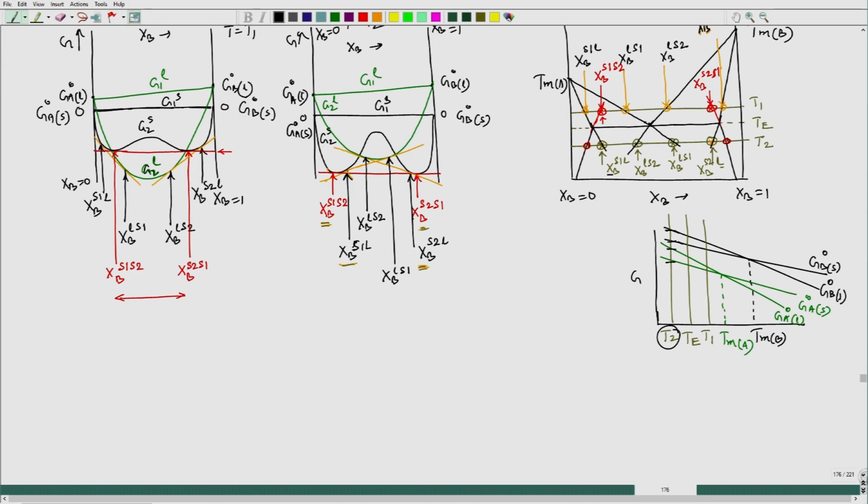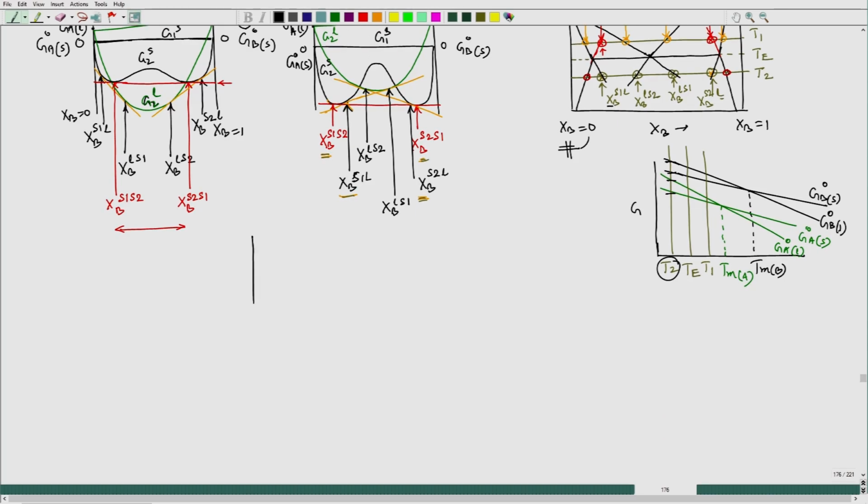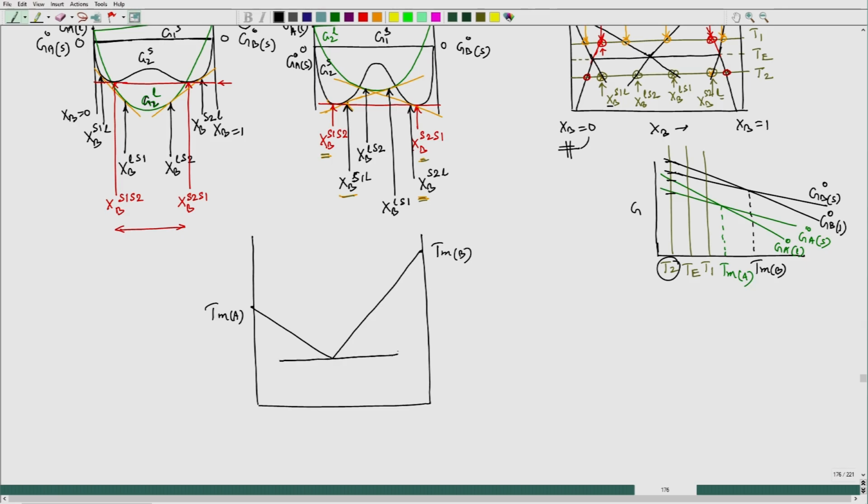So, now if I redraw this particular plot, the redraw would be like this. This is T m B, this is T m A, we have this point. Okay.